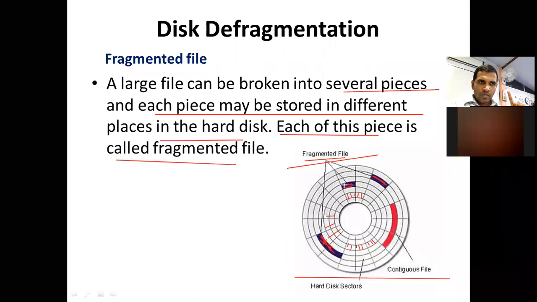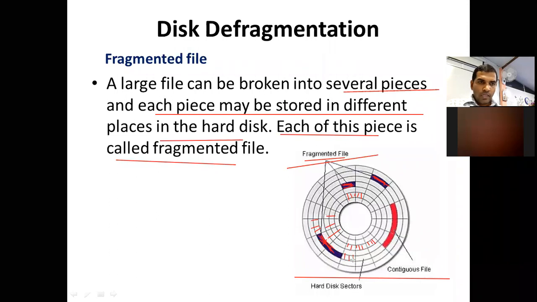One piece here, the other piece here, the other piece here. Keep an eye on the blue portion. Assume that it is a video, but kept in 3 locations. It is because of the lack of free spaces in the neighboring cells. Assume this is not free, this is not free, this is also not free. That's why it is scattered.